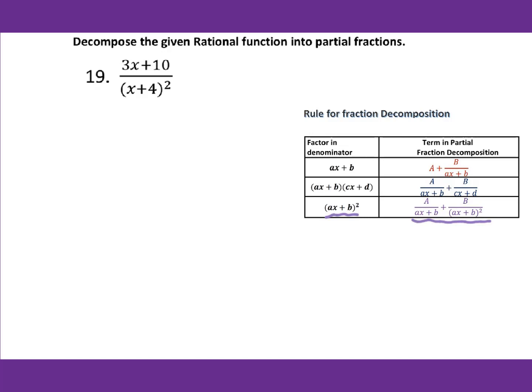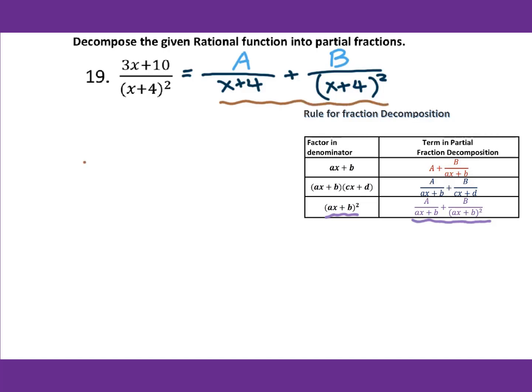We will get A over x plus 4 plus B over x plus 4 squared. This is a and this is b. Let's organize this one now. Put them together: A times x plus 4 plus B, over x plus 4 squared.